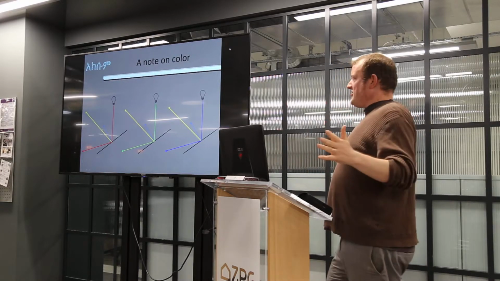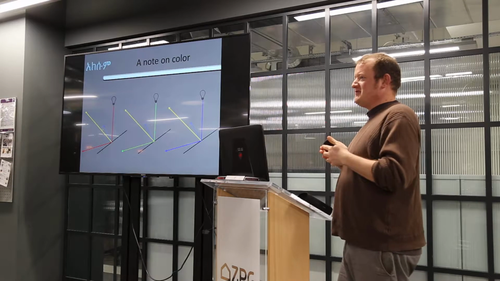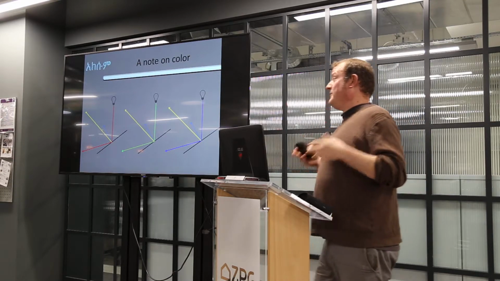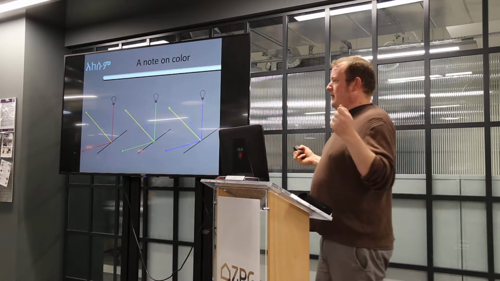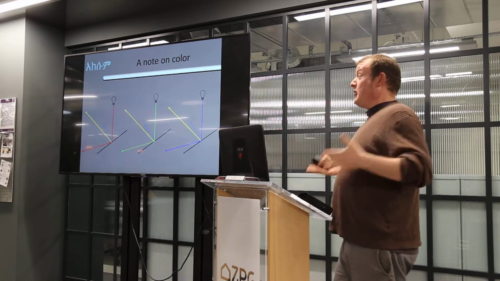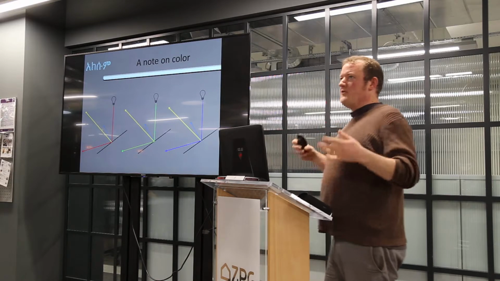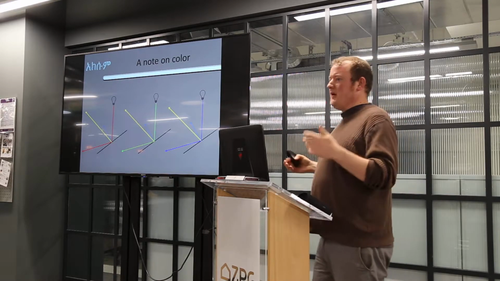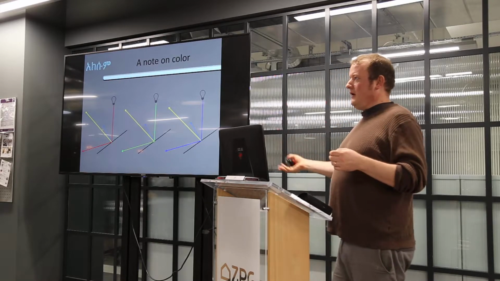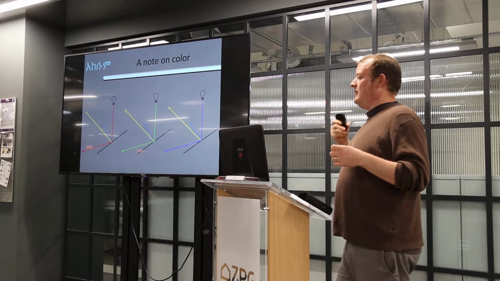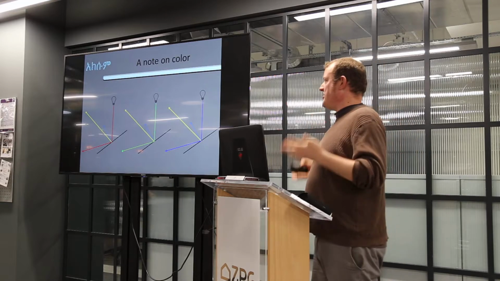So a couple of digressions before I dive into the actual physically based shading details itself. First is a note on colour. In the real world, colour is actually really complicated. The light around the world is made up of a whole bunch of different wavelengths of light, and when that light reaches our eye, those different wavelengths, or some of them, are interpreted as colour by our brain.